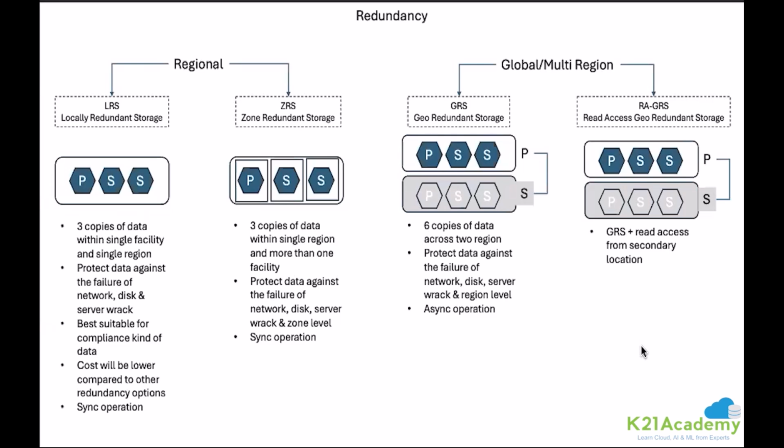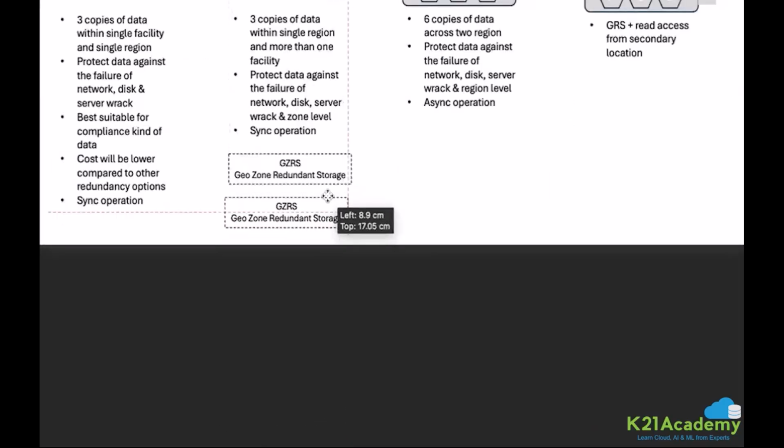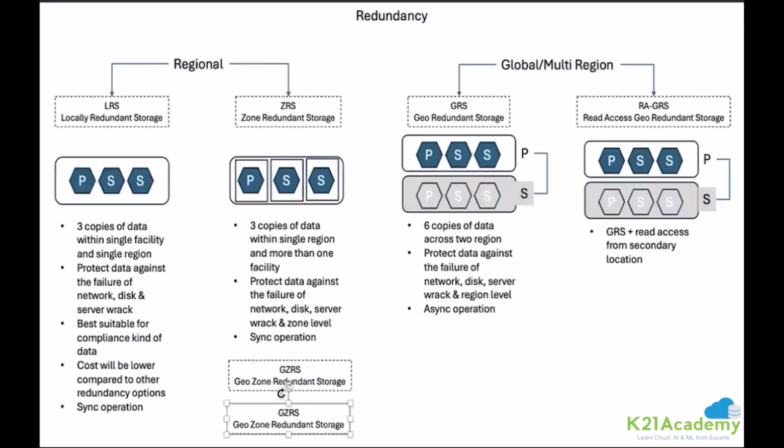Now, along with this, at a later stage, Microsoft came up with another offering, similar to GRS and RA-GRS. They came up with GZRS, that is Geo-Zone Redundant Storage, and they added RA-GZRS as well. So the advantage is the same as GRS and ZRS, the features will be the same.